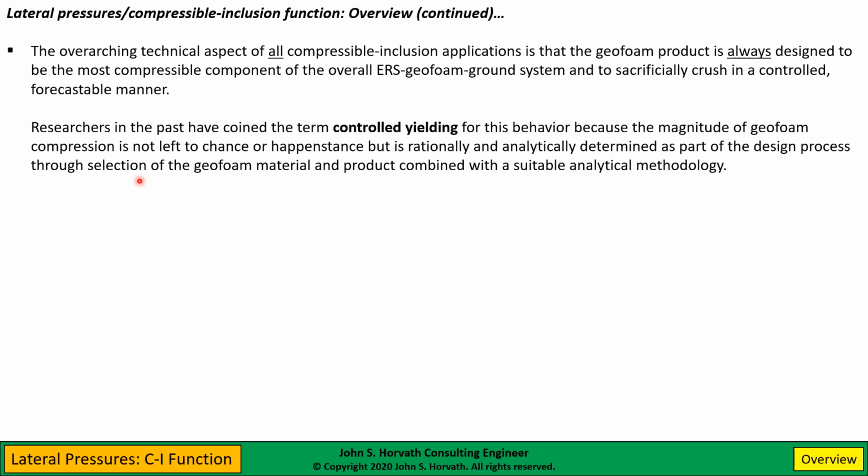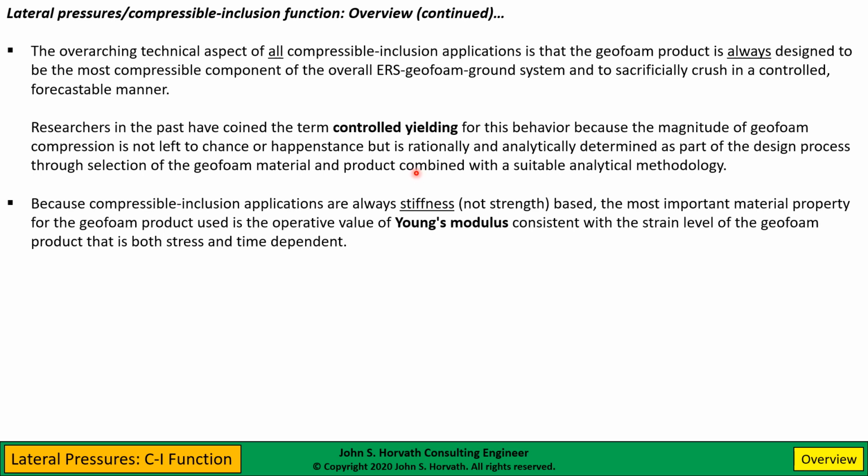So you take an appropriate geofoam material and product, and you combine it with an appropriate analytical methodology, and you determine analytically and explicitly how much yielding is going to happen in a controlled fashion in a given application. And I'll show you some qualitative examples later on of what I'm talking about.